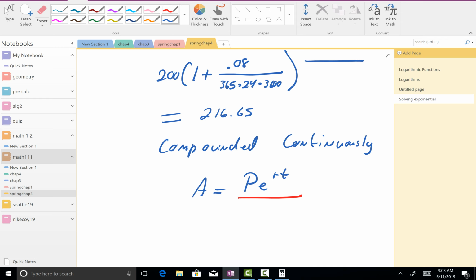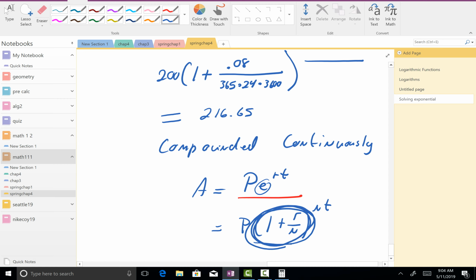Well, here's your amount. P is your principal. E is the number e. And then RT is the time. So really all you're doing is taking this part of it here, and this is simply becoming e.